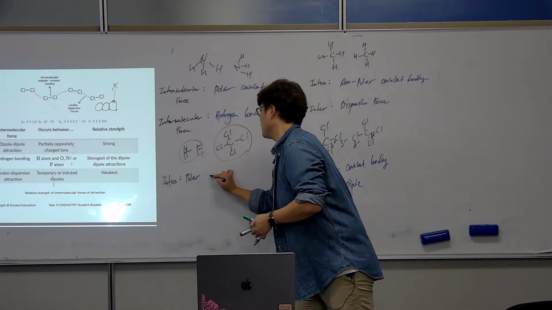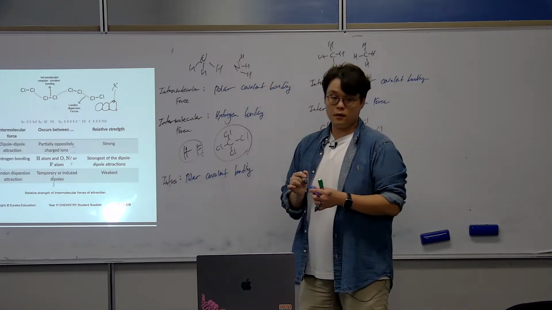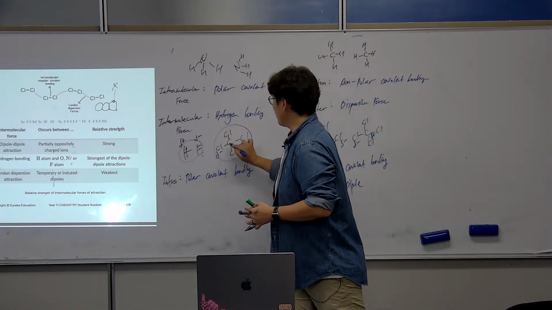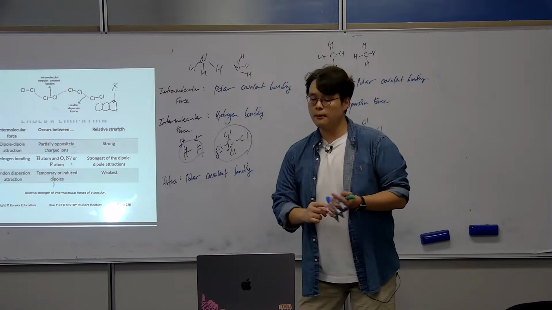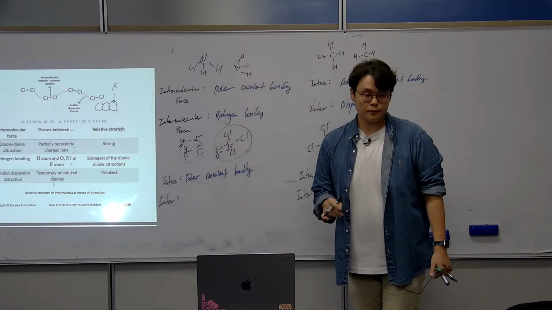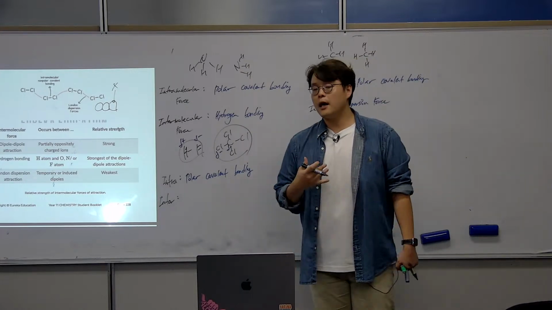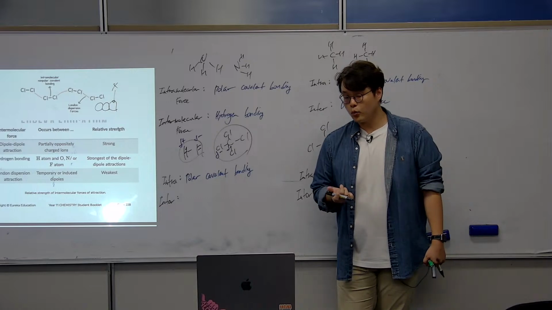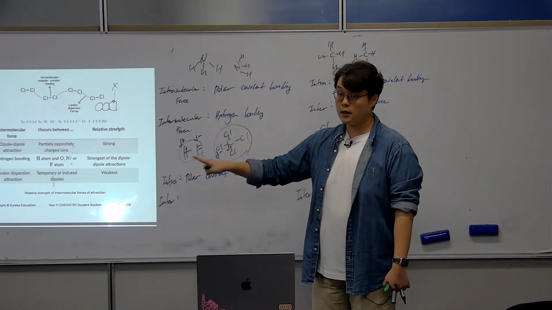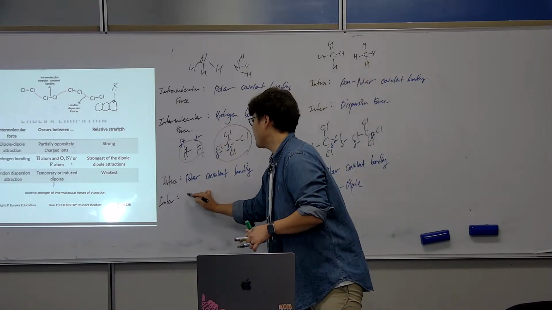Both of them are polar covalent, so positive and negative, negative and positive, good. What would be their intermolecular force then? It would be dipole-dipole. Can it be hydrogen bonding? Why not? Because CCl4 is not related to hydrogen. Very good. So this is called dipole-dipole. Very good.